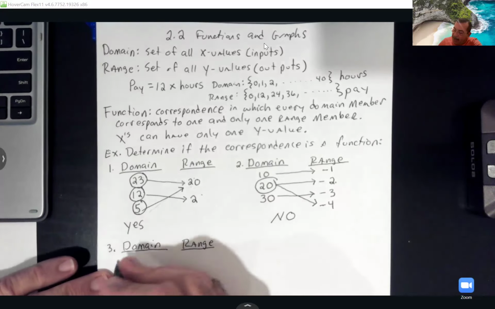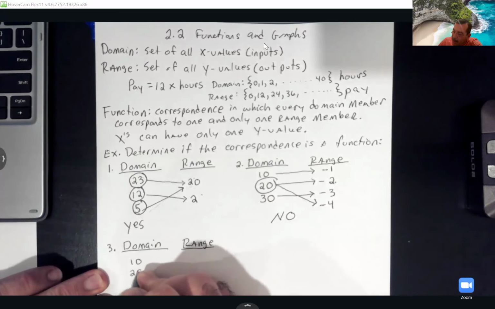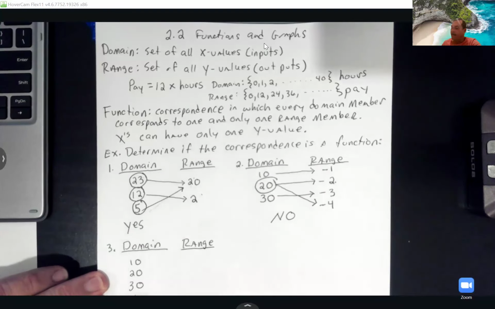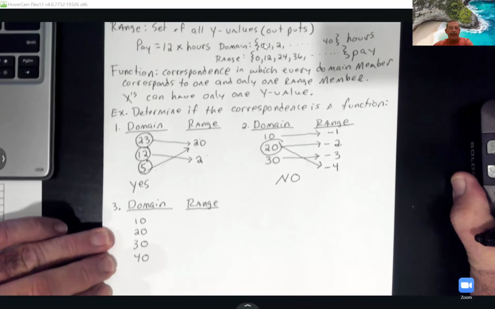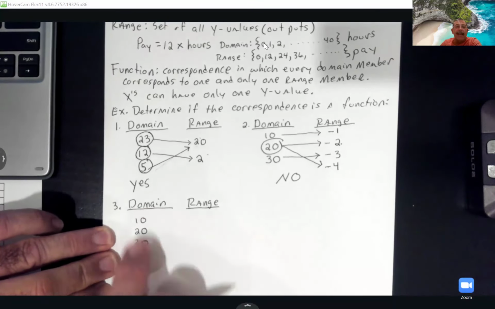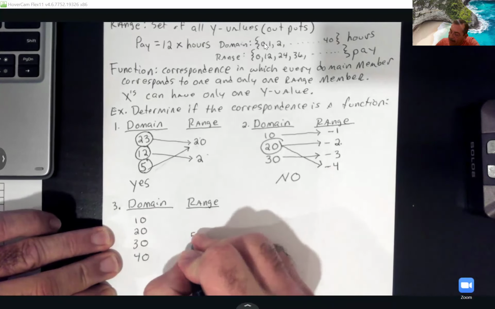Now, y'all, so let's see. My domain over here will be 10, 20, 30, and 40. So this is like a salary job here. And say the range is $500.